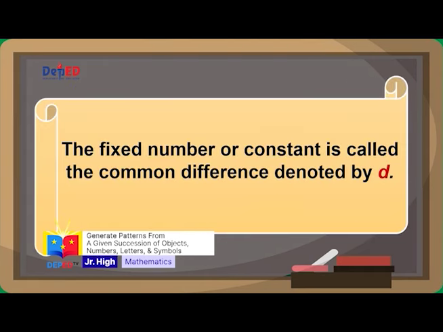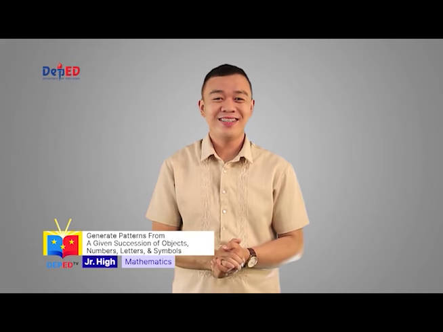And the fixed number or constant is called the common difference, denoted by the letter D. Is arithmetic sequence more clear this time? Great! Let's move to the first activity.